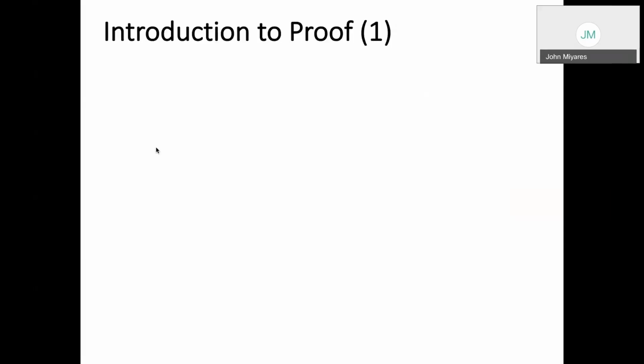In a proof, you're not just going to be given a problem that says use the identities to simplify this expression as far as you can, but rather you'll be given a problem which says essentially simplify one side of this equation to get it to look like the other side of the equation and justify all of your steps along the way.